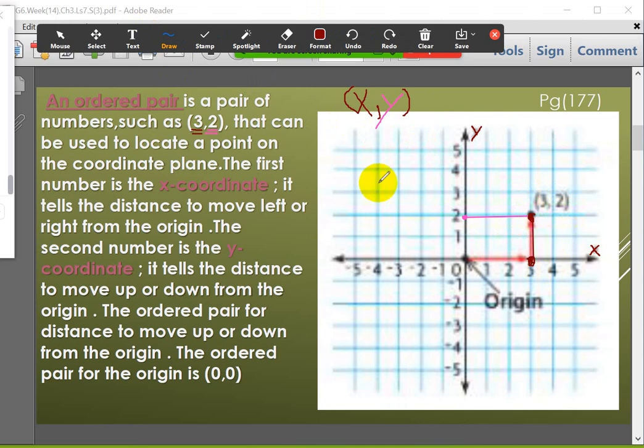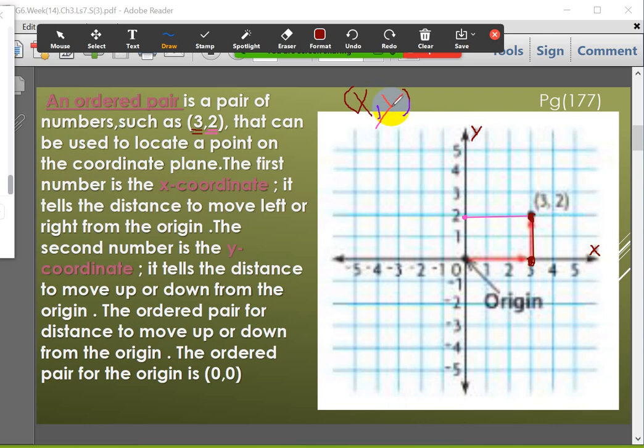So to locate or place any point on the coordinate plane, I have to know two numbers. The first one is the x coordinate, the steps that I have to move on the x number line, to the left or to the right.